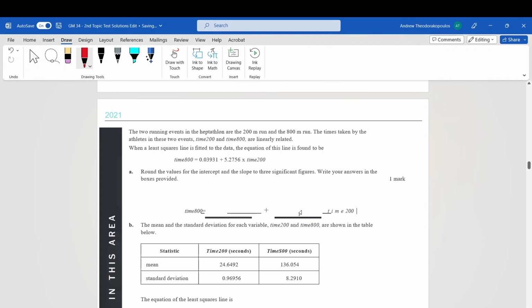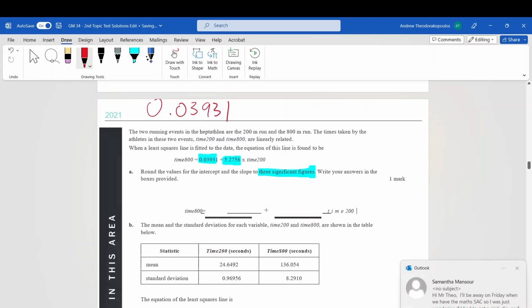For this question here, a lot of you are struggling with significant figures. So all we need to do is round this to 3 significant figures and round this to 3 significant figures. I'm just going to do the first one up here: 0.03931.